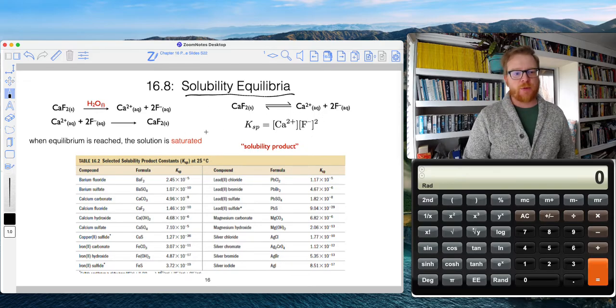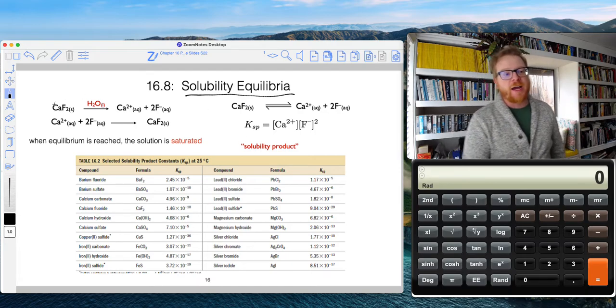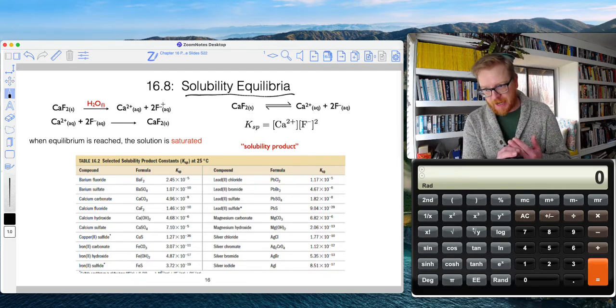So for example, here is a calcium fluoride solid. If we recall from our solubility rules, we would find that calcium fluoride is insoluble or slightly soluble. And so what that means is if we have some amount of calcium and fluorine present, we expect a precipitate to occur.